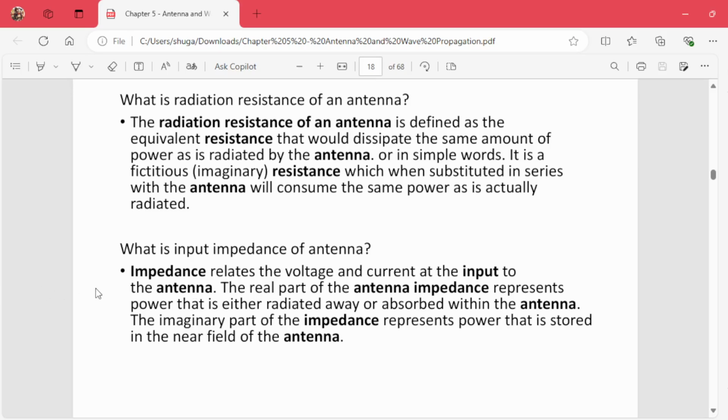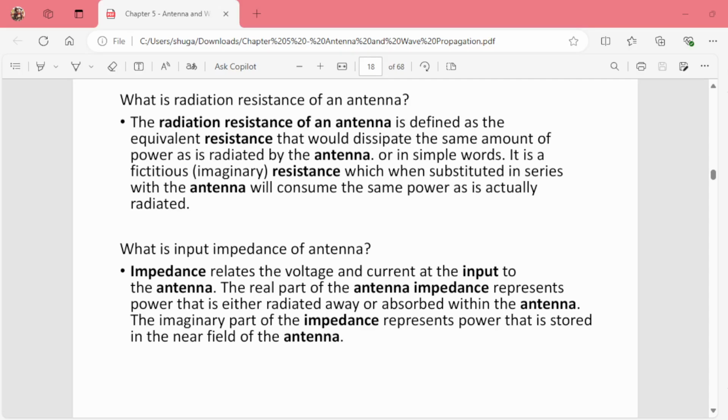The real part of the antenna impedance represents the power that is either radiated away or absorbed within the antenna, and the imaginary part represents the power that is stored in the near fields of the antenna.